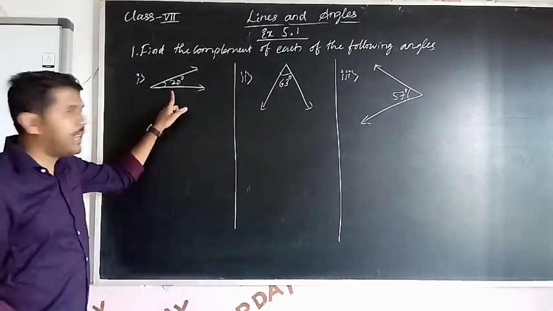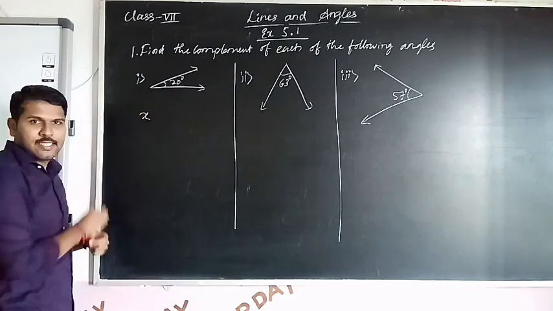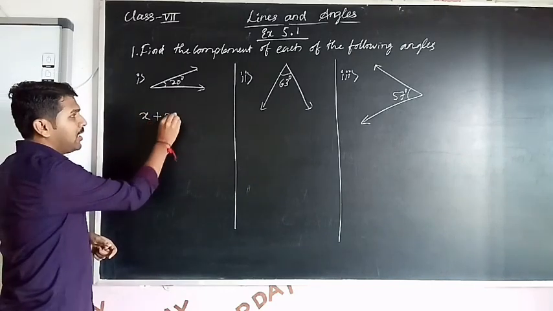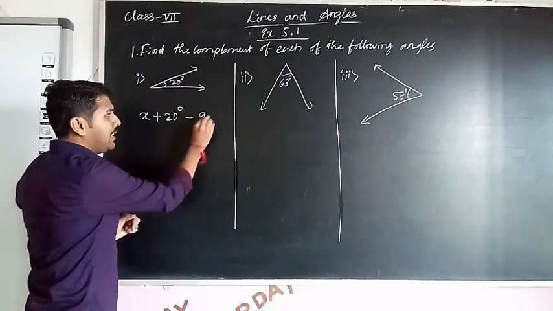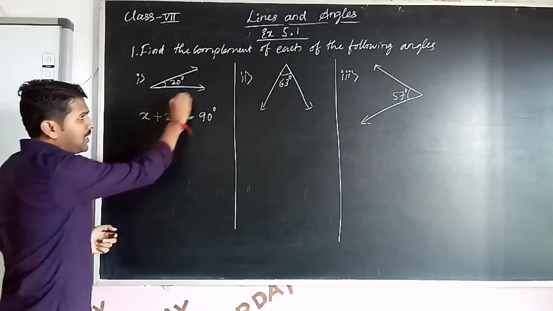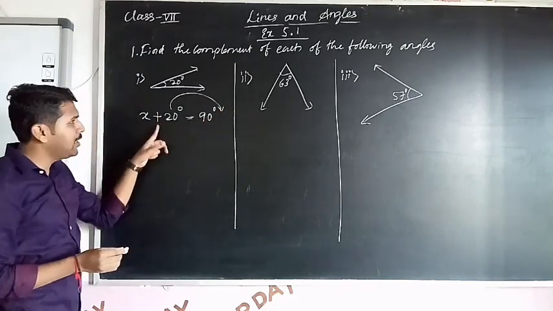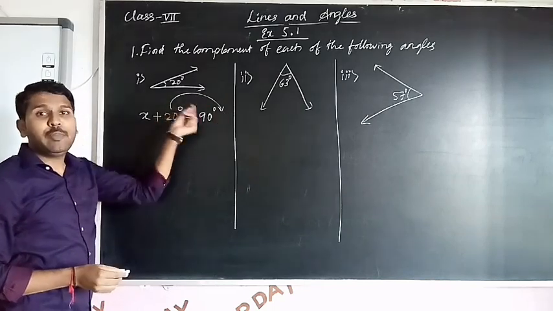Here one angle is already given, so take the other angle as x. x plus 20 degrees they have given, and complement means 90 degrees. You want the value of x, so shift this to the right side. When you shift any number to the right side, the sign will change.